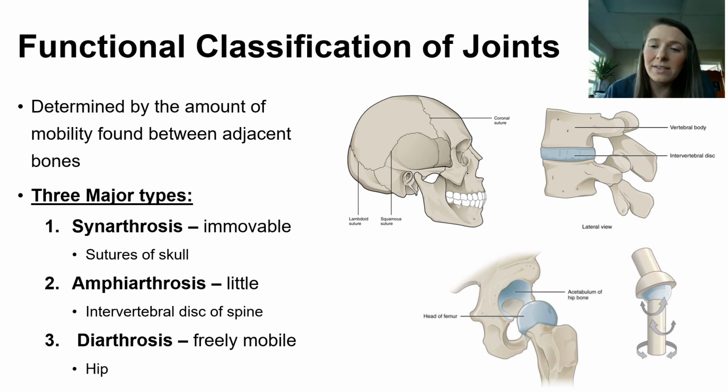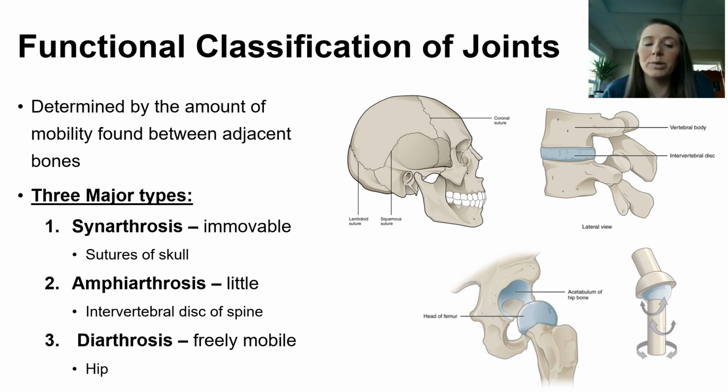And because of the structural integrity of fibrocartilage, it doesn't really bend and twist and rotate very easily, and so we have very little movement occurring here. Okay, and so anything with just a really small amount of movement falls into the category of being an amphiarthrosis.